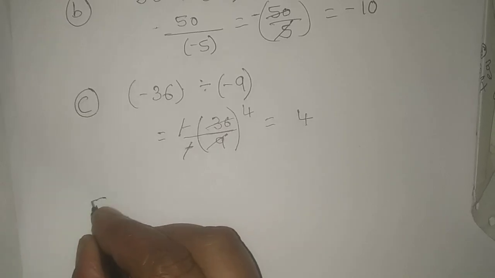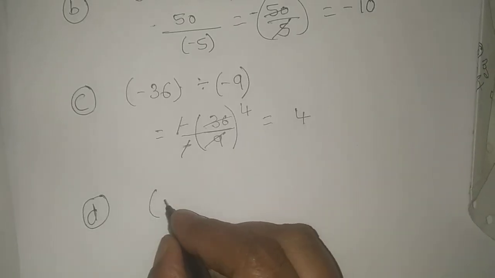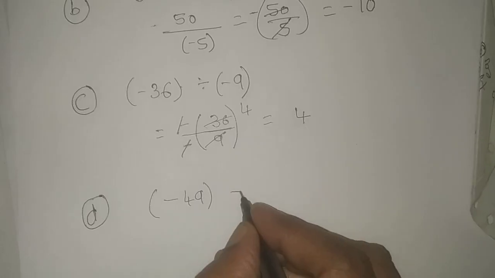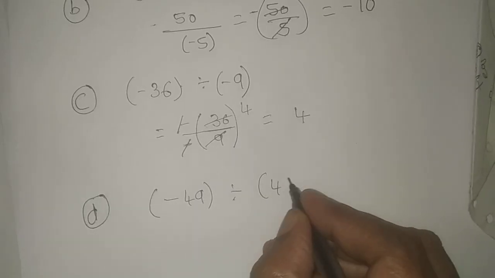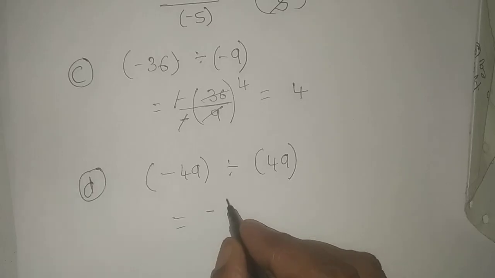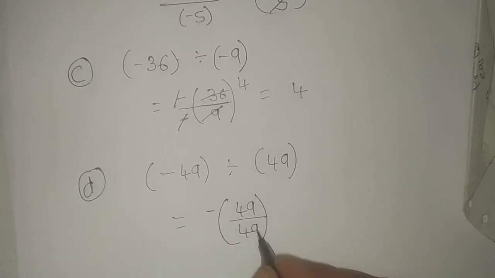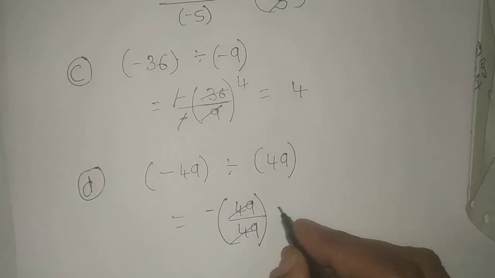Now we have D. D is minus 49 divided by 49. Or we can write the minus outside, 49 by 49. The 1s cancel.